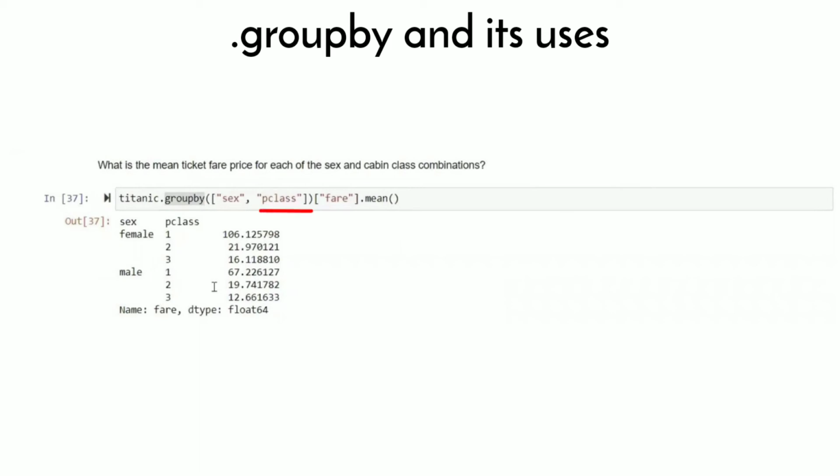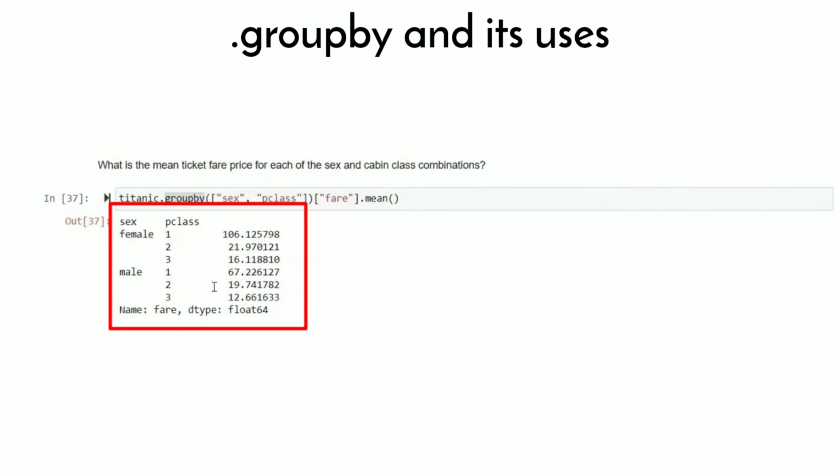And you feed this information in a list, including the column names which you want to group by. And based on that, what other numerical column do you want to statistically analyze? So in this case, we want to get the mean fare of each given sex based on their passenger class. And as a result, this is what we get.